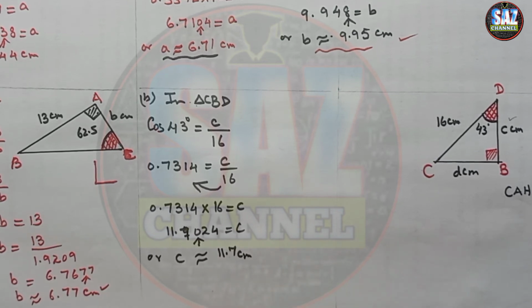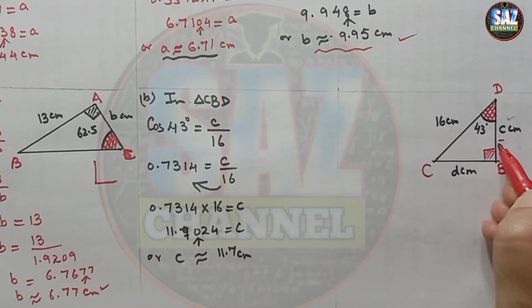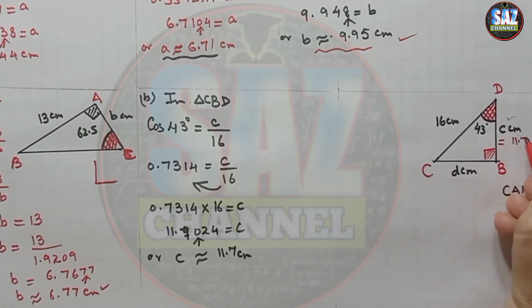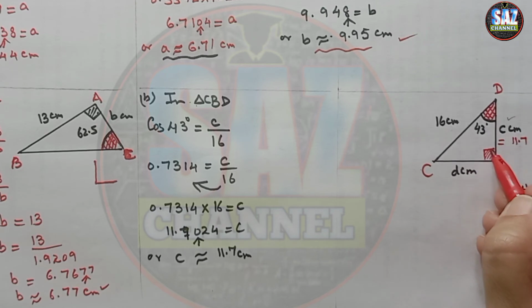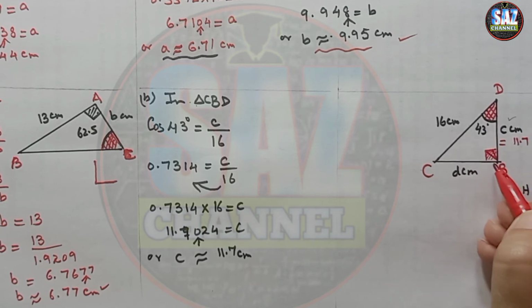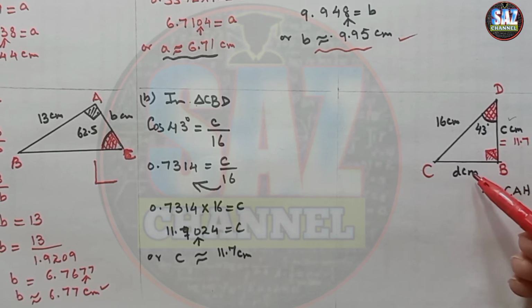Now we have obtained the value of C, which is one side of the triangle, 11.7. Now in order to find the value of D, either you can apply the Pythagoras theorem that we have learned in chapter number 10, or, now that we have the value of C as well, opposite and adjacent, you can apply the tangent ratio as well.